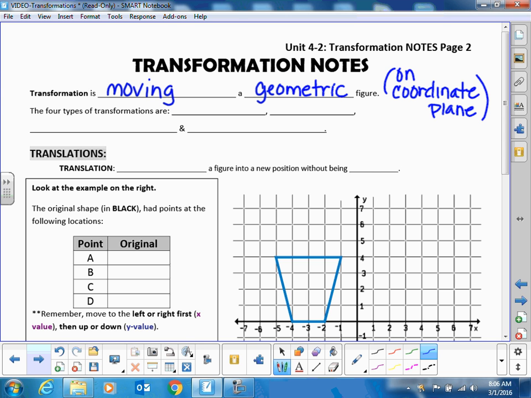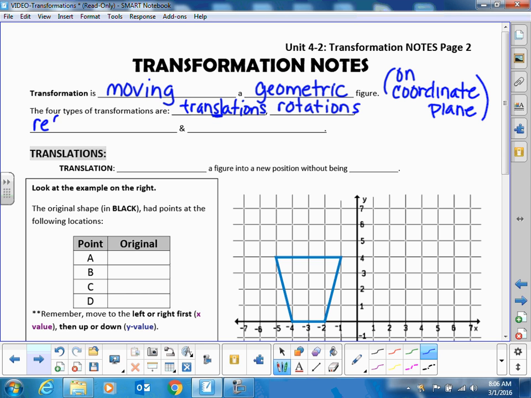The four types, which I've already said several times, are translations, which remember I said slide, so there's an SL in the middle to help you remember they slide. There are rotations, which if you think of rotate, you see the word rotate in the middle of that word, so that helps you remember that it's rotating or turning.